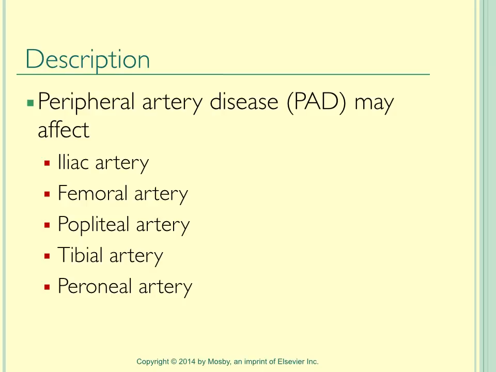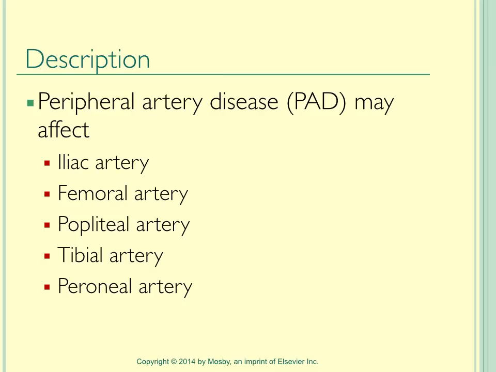Patients with diabetes tend to develop PAD in the arteries below the knees. So if the patient does not have diabetes, the most common site for peripheral artery disease will be the femoral popliteal area.